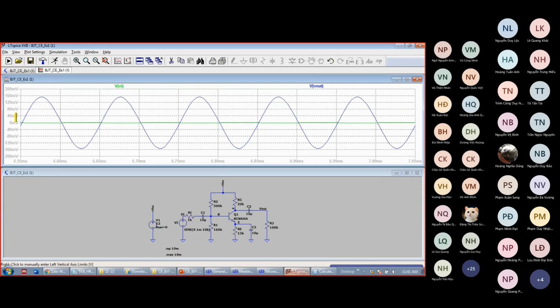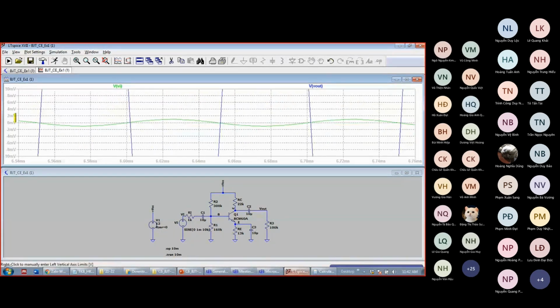What happened here? The problem is that if you display Vin, which is 150 times smaller than Vout, in the same axis, Vin is so small that you cannot see the detail of Vin. You have to make a zoom here, and you can see that Vin is still a sine wave.